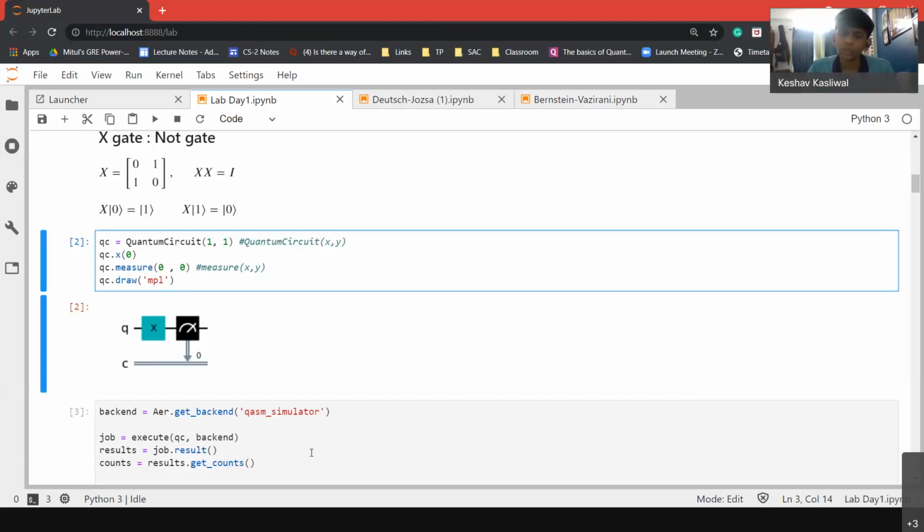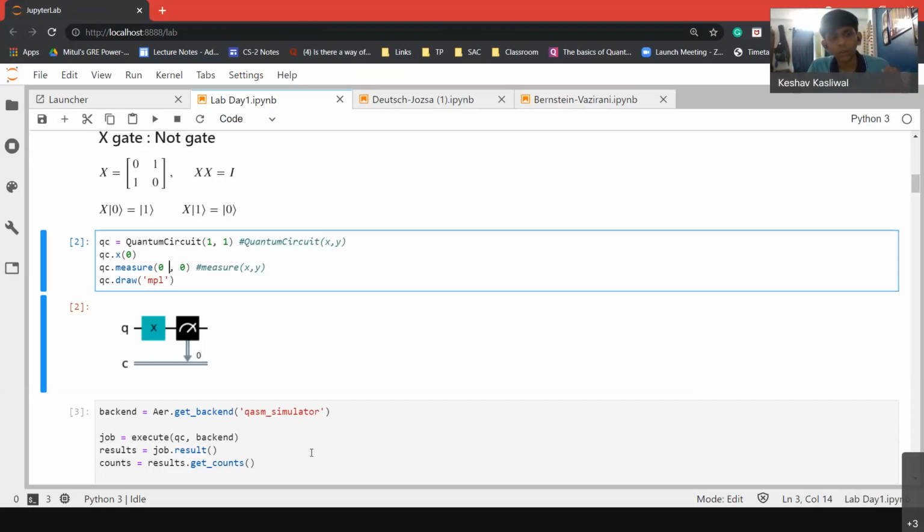Now coming back to the qc.draw function, what do we mean by draw and why is it required? We need a representation of the circuit that we have built, because a visual representation is very much needed to understand what goes into making this quantum circuit.